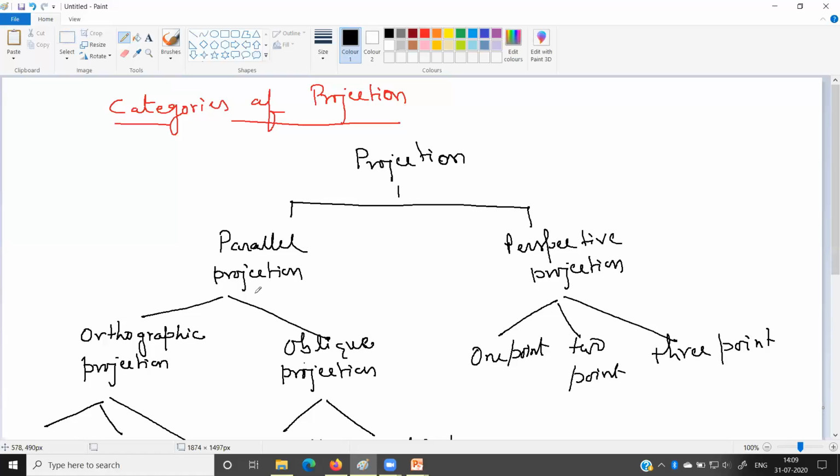That means you cannot determine the size of the actual object by observing the projected image. But in parallel projection, if you move the projection plane far away from the object, the size of the projected object will still remain fixed. So the parallel projection is quite realistic compared to the perspective projection.